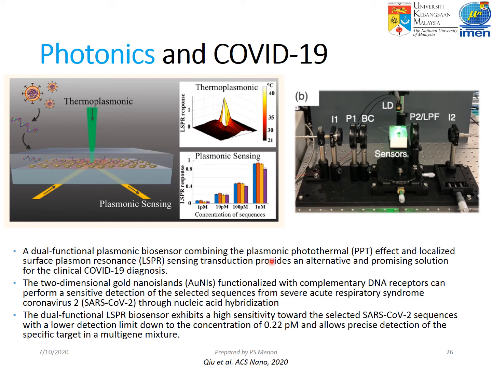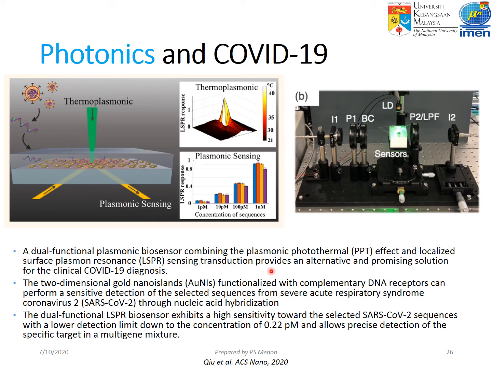It combines a plasmonic photothermal effect, which is the light, the laser diode from the top, and localized surface plasmon resonance, or LSPR, which was formed from these gold nano islands over here. So again, there is an LED light here, which hits the gold nano islands, and light is reflected back. This is what we call plasmonic sensing.